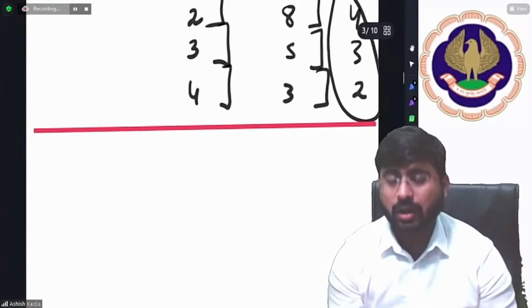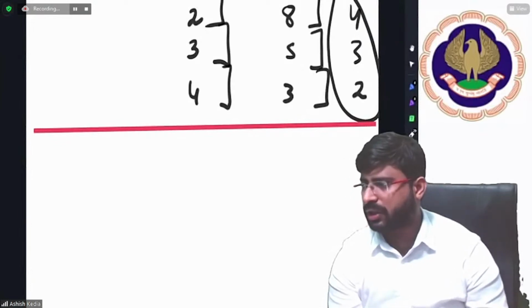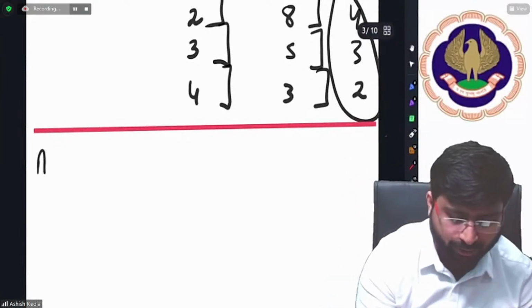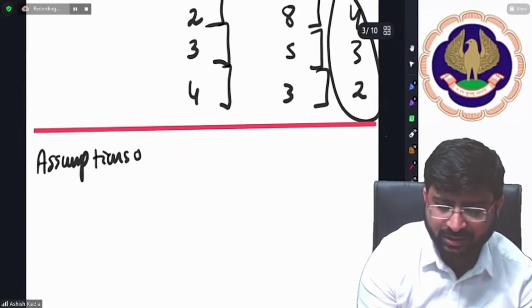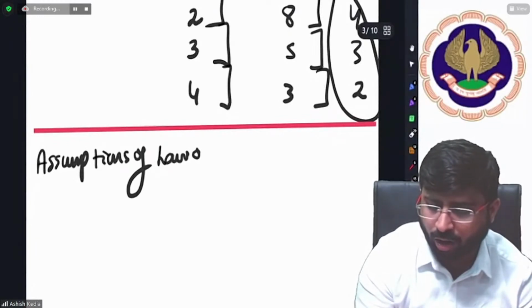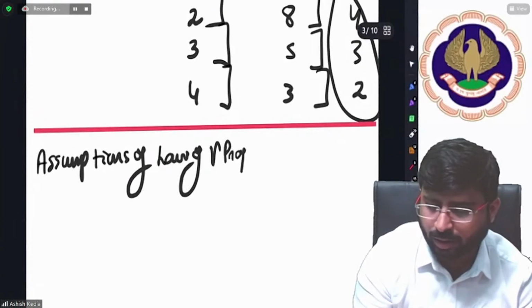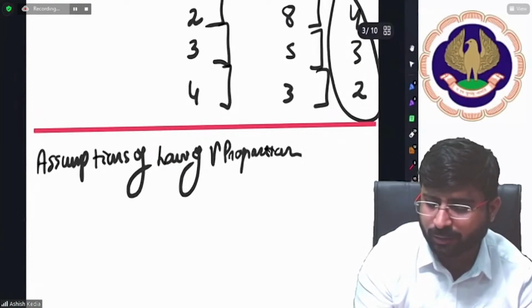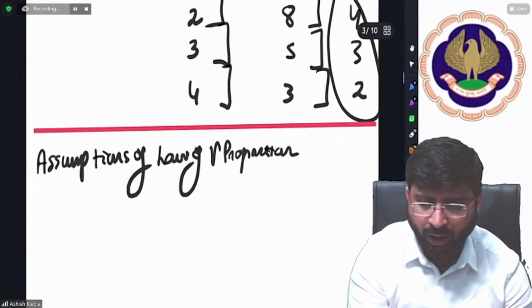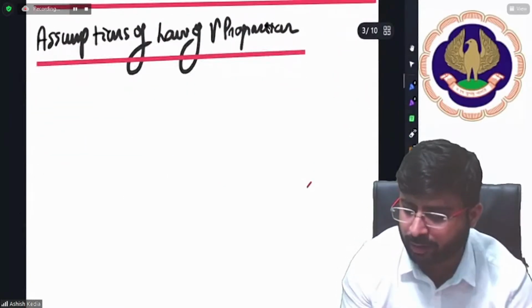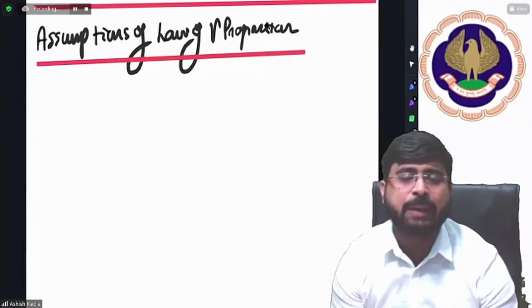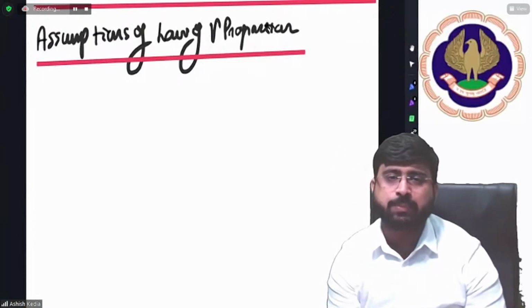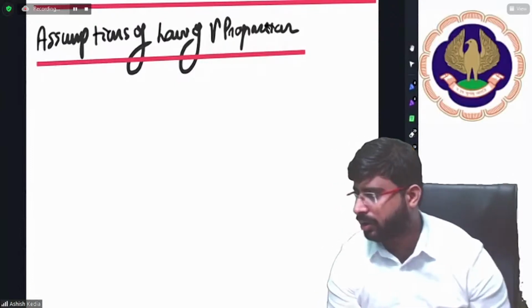Okay. Assumptions of, what are we studying? Assumptions of law of variable proportion. Assumptions are things that need to be kept in mind before you study that law.